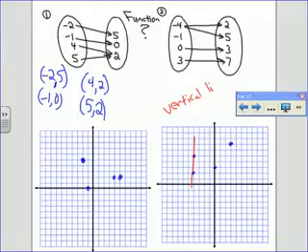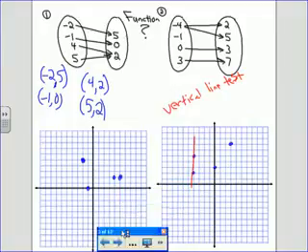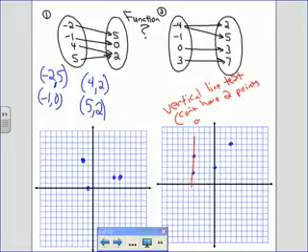So with the vertical line test, you can't have 2 points on the same vertical line. That tells you automatically it's not a function.